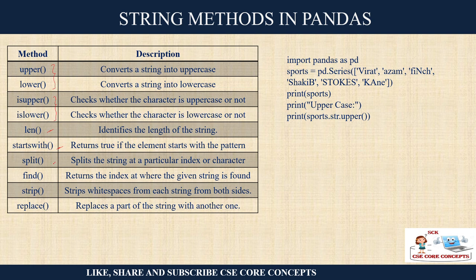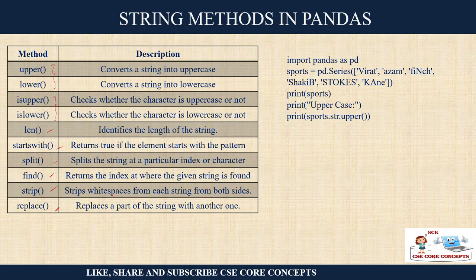Then you have split, where a continuous string is there and you want to split it based on white space or comma. Then find, if you want to search for a particular index in the string. And strip will remove the white spaces. If you have lots of white spaces in your string, it will strip them from both sides, front and end. And replace means it will replace a small part of the string with other data.